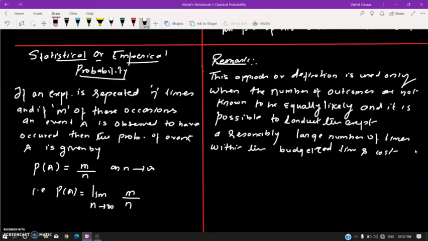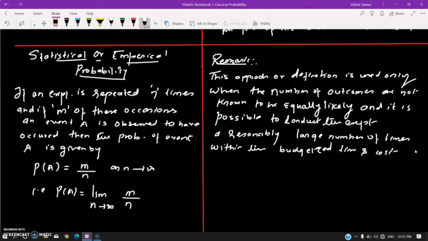All allowed in statistical or empirical. If I look at statistical probability or empirical probability, it's an experiment performed repeatedly under essentially homogeneous and identical conditions, right?